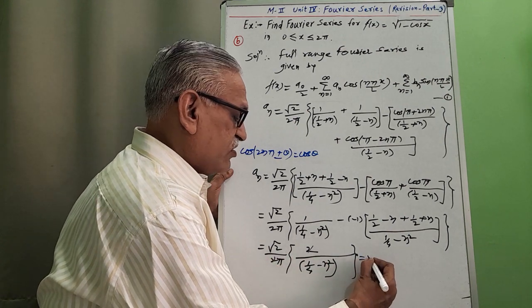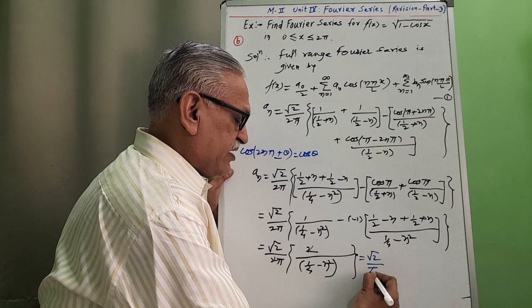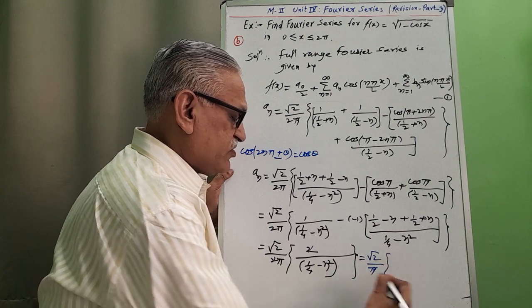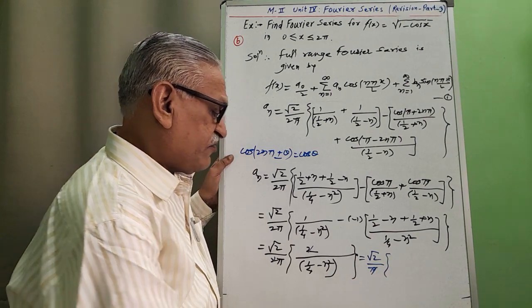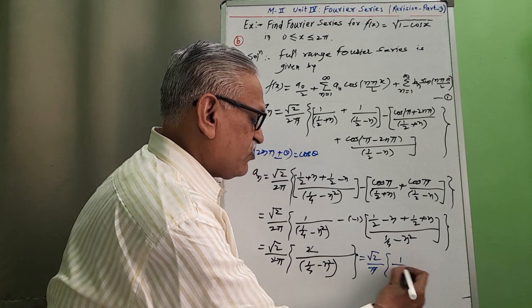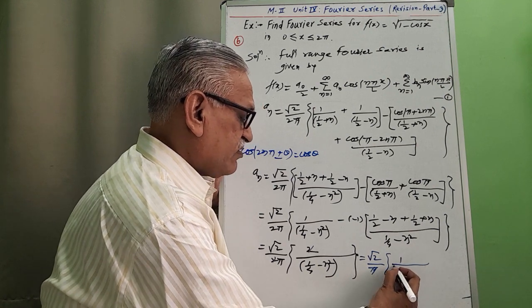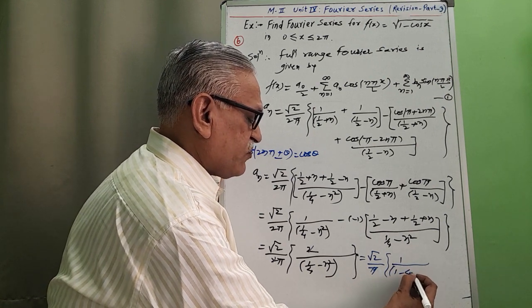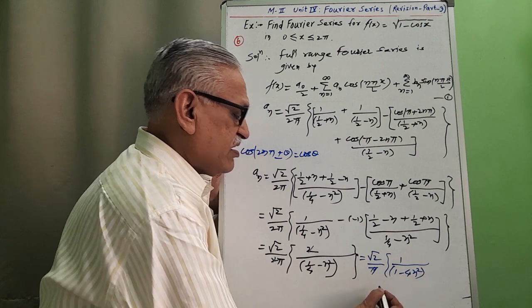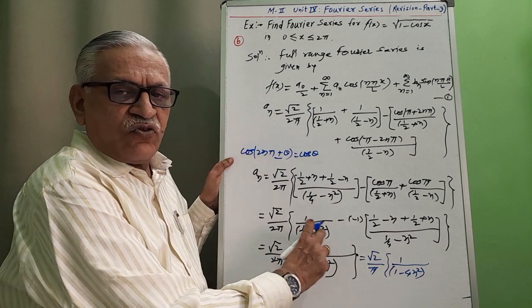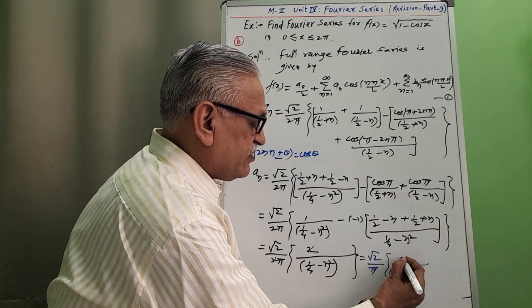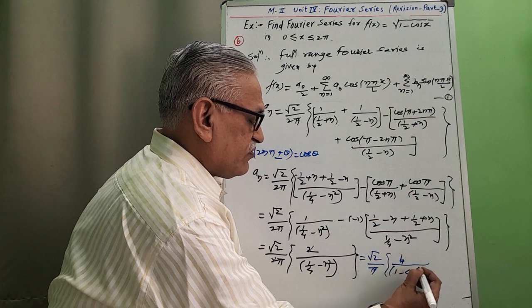We have root 2 divided by π into 1 upon 1 minus 4n square, divided by 4. That 4 goes to the numerator. Therefore here it is 4.